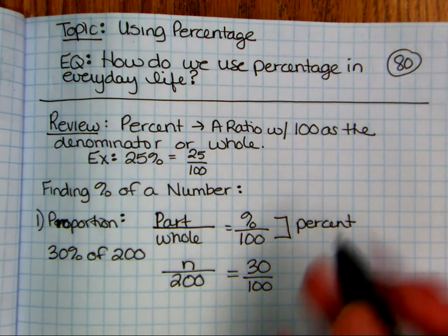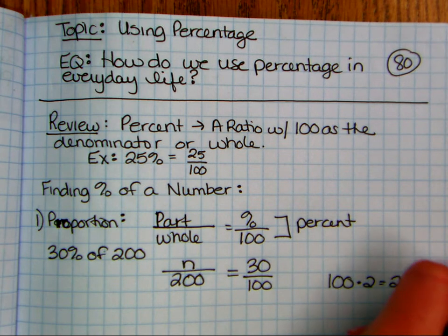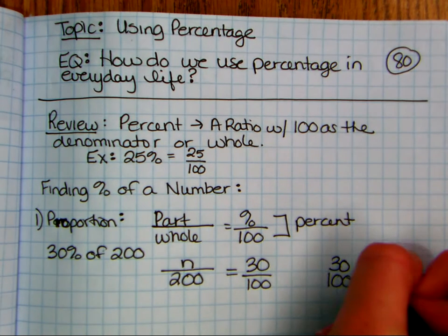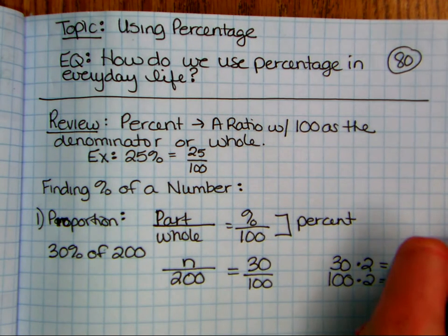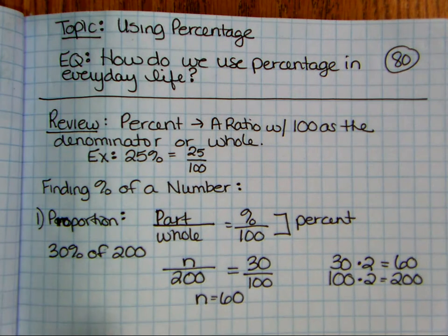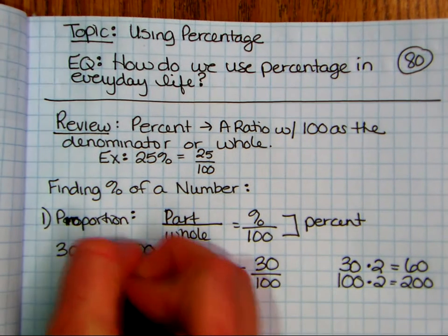So if 100 times 2 equals 200, then 30, which would be on the top, times 2 would be what, class? 60. So in this case, n would be 60. Or 30% of 200 is 60.